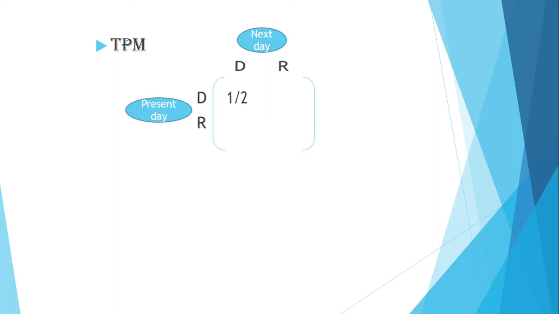We know that it is 1 by 2. In the same way, the next entry is dry day to rainy day. The probability of dry day to rainy day is also 1 by 2.